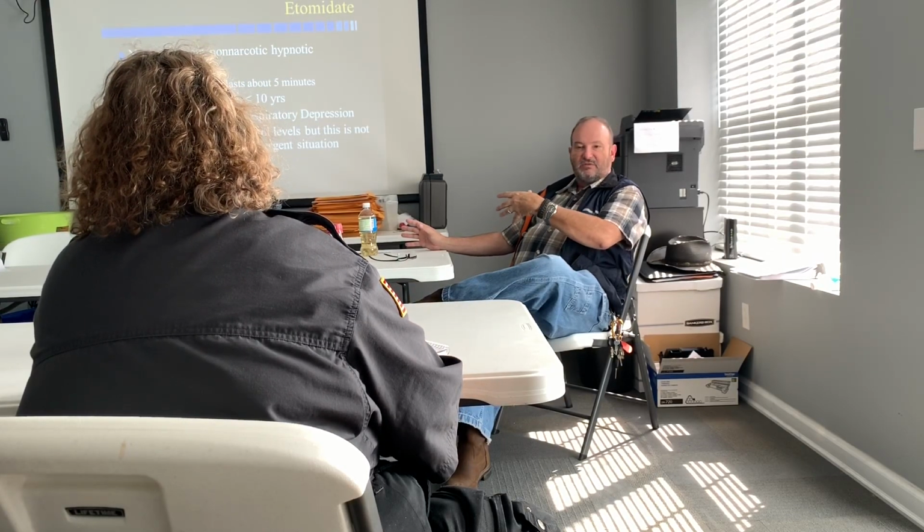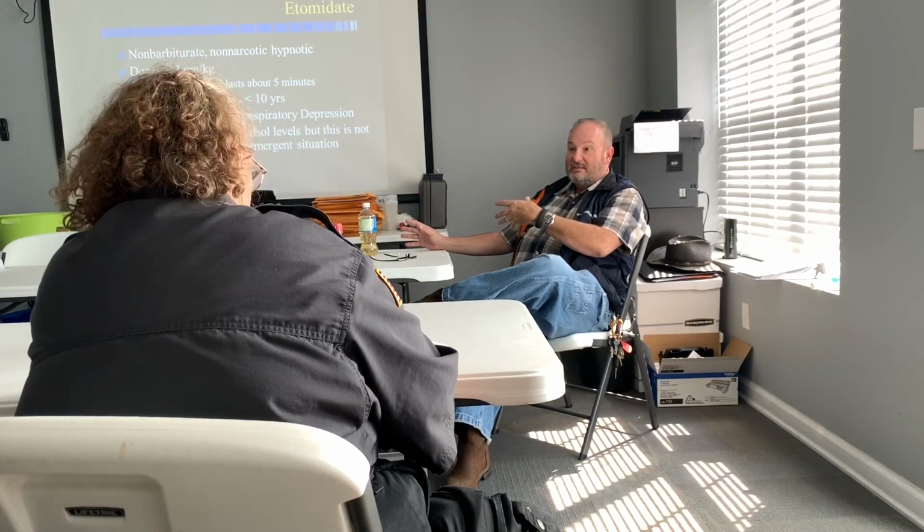It will not depress their respiration and take their ventilations from 20 to 6. It's not going to do that for several minutes. It may, and it's not even a concrete thing, transiently stop their ventilation for 10 or 15 seconds, but that's it, right? That's if you slam it. If you give it like you're supposed to, then it's probably not going to have any issue, right?